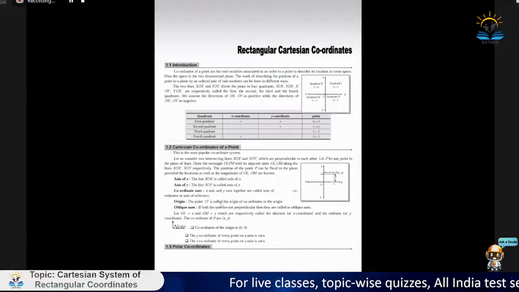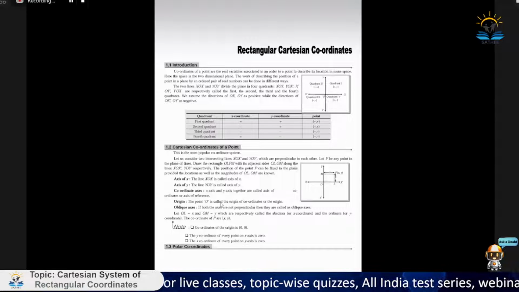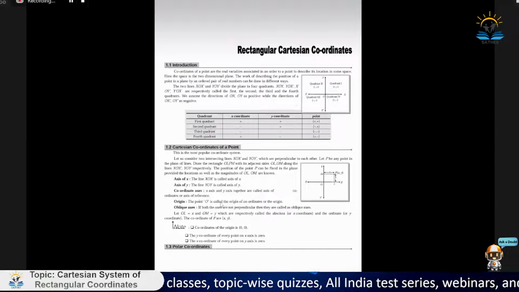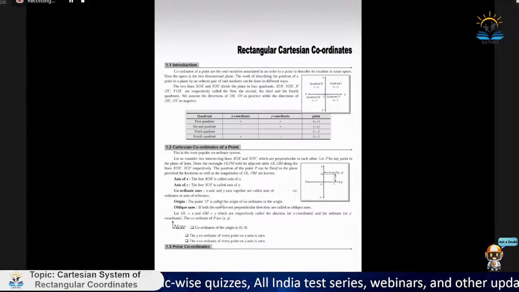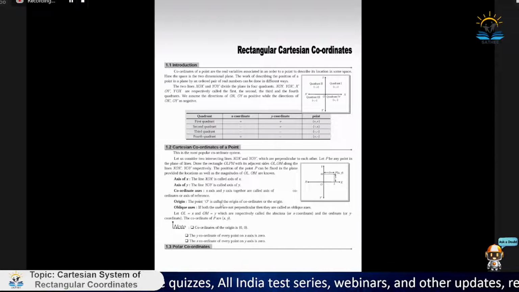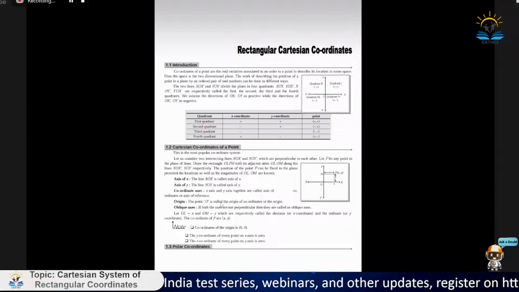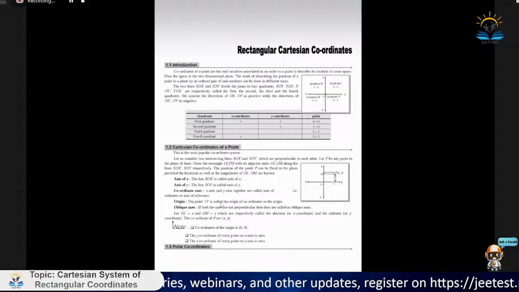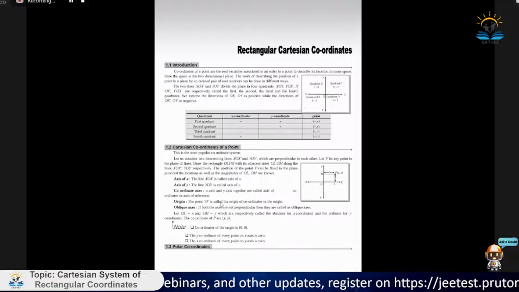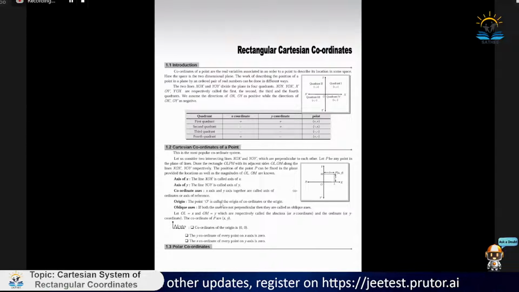If you want to know the x and y coordinates of a point with respect to these two lines, you can draw a rectangle by projecting perpendicularly from P to the line OX, which gives L, and to the line OY, which gives M. PM and OL are the same, which is the x coordinate, also called the abscissa.